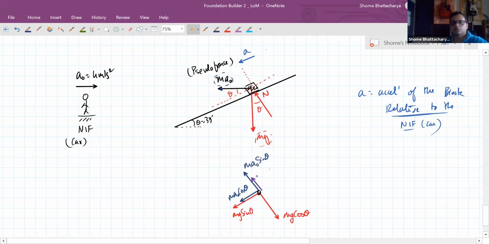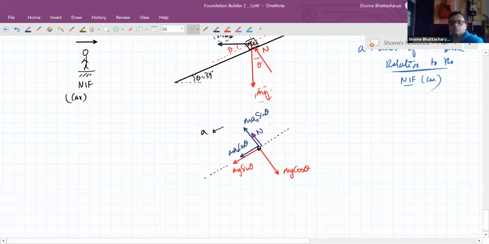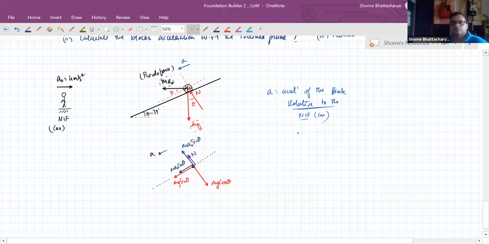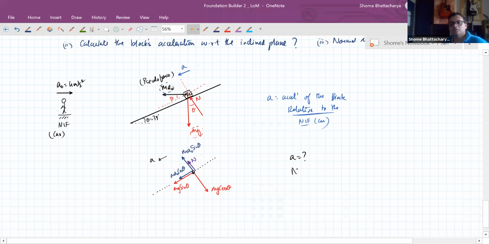So these are my forces. Under the action of these forces, along my x-axis, there is an acceleration a. Along the y-axis, there's no acceleration. So now you can just apply Newton's laws of motion for the two axes and just get the values of a and N. That's all we have to do.